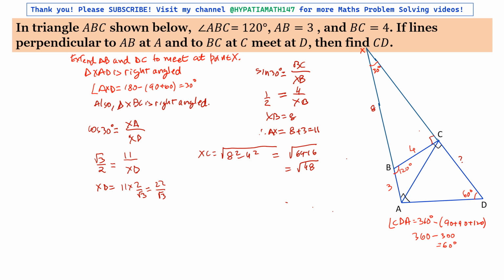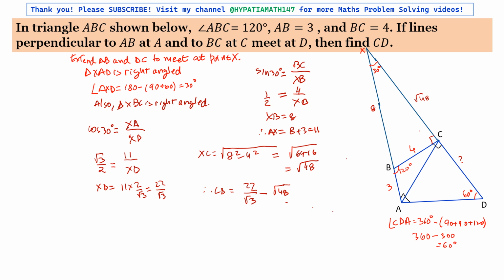So XC is root 48. Now I know XD and I know what XC is, therefore CD would be 22 out of root 3 minus root 48.